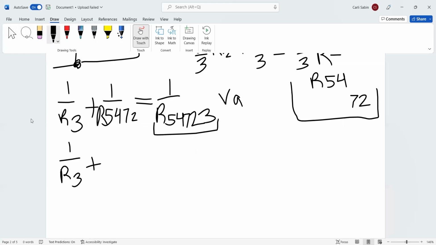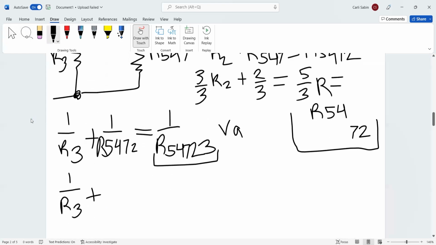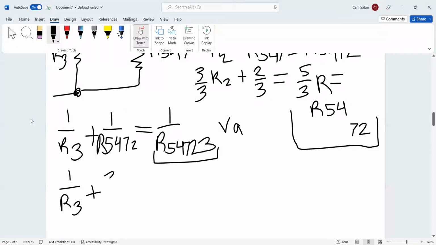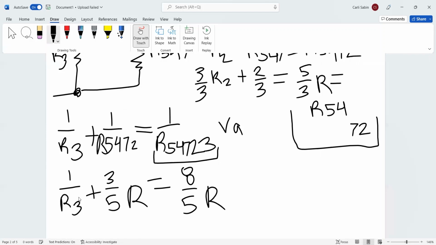Since it's on the denominator, we're going to have 3 over 5R, and then plus this 1 over R, which was going to give us 8 over 5R, right? Because this is going to be 5 over 5, giving them the same common denominator, so we can go ahead and add across.